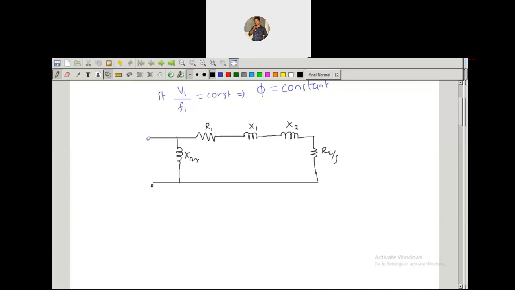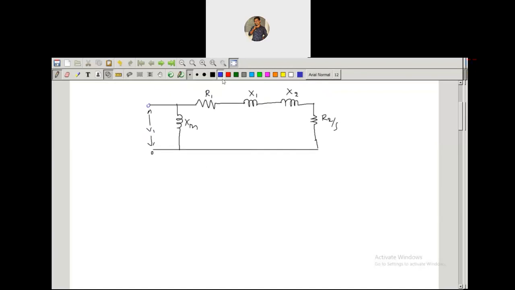We have seen this equivalent diagram at the starting of the third chapter, and for this diagram, we have derived the torque equation.